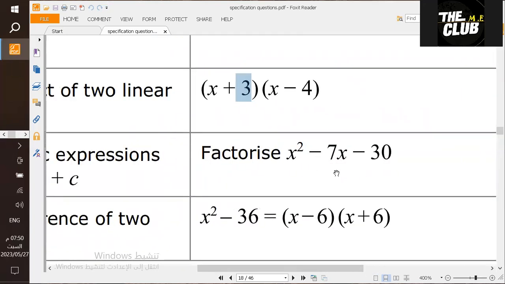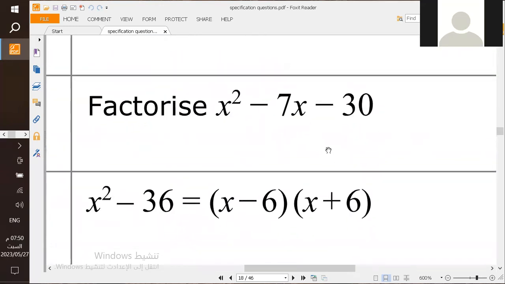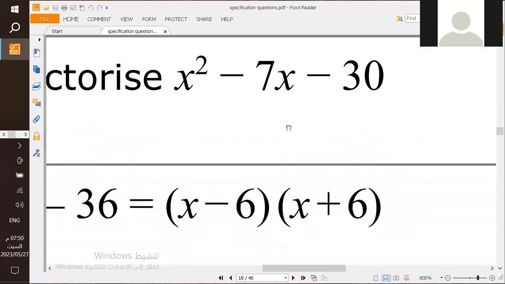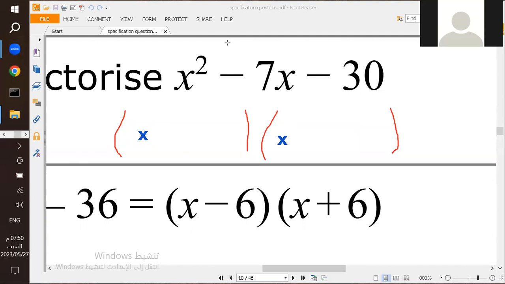Now this one is factorizing, which is the opposite of expanding. First thing, we just put 2 brackets here. And in each of them we put x. Let's see which two numbers multiply to give 30 and subtract to give 7.